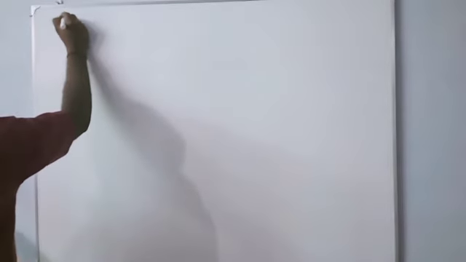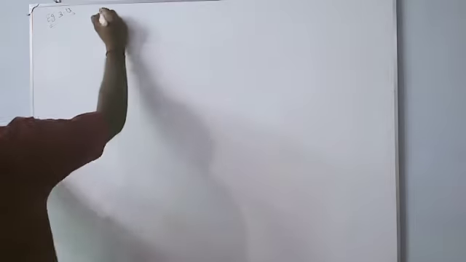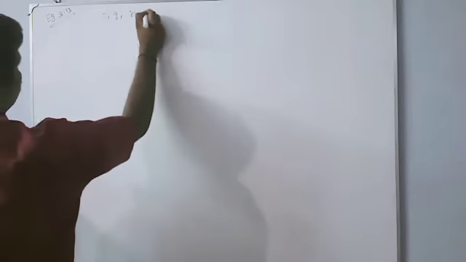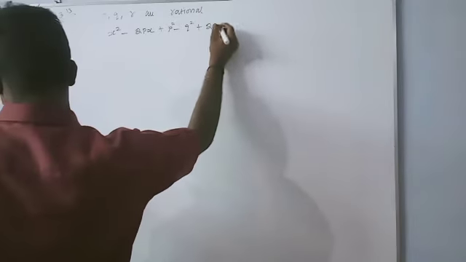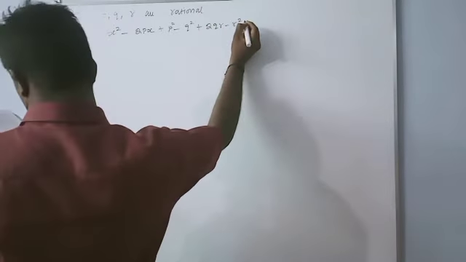Example 3.13. Right? This is the sum. If p, q, r are rational, prove that the roots of the equation x squared minus 2px plus p squared minus q squared plus 2qr minus r squared is equal to 0 are rationals.